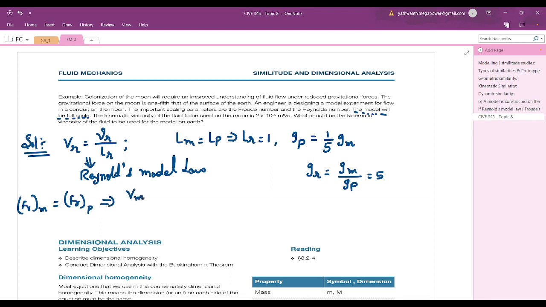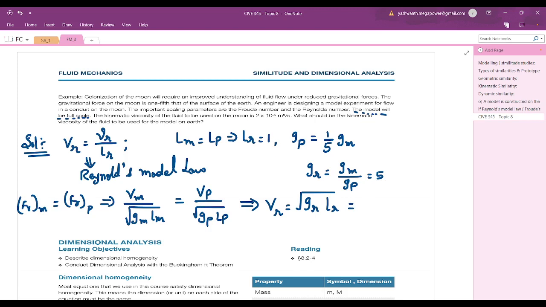So Vm by under root Gm Lm is equal to Vp by under root Gp into Lp. Clear? From this we can write VR is equal to, so here it is on moon and earth. Therefore this G and G will not get cancelled. Please make a note of it. Then here VR is equal to under root GR LR. Can I write like this? So GR is equal to what? 5. Just now we have written here.